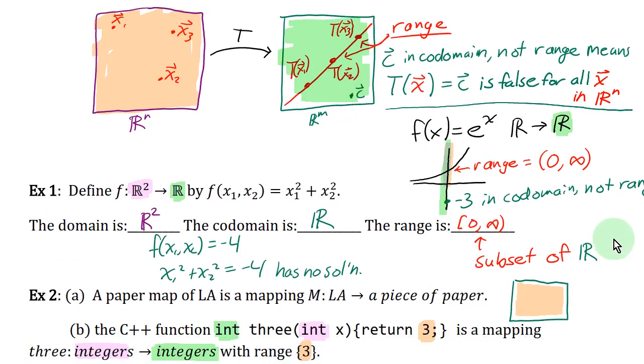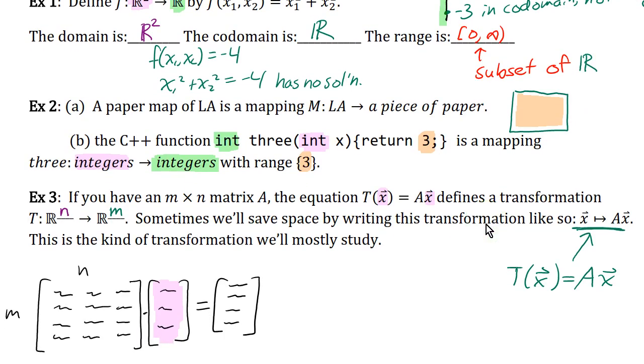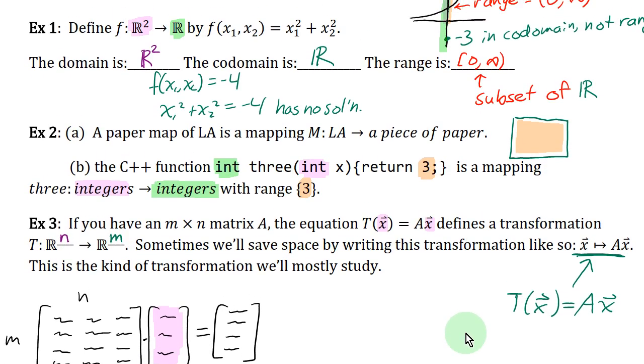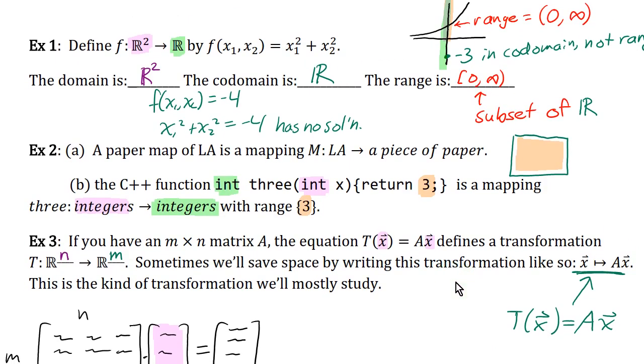So we had some examples here of the difference between the codomain and the range. You can look over those again. With this one, if f of x1, x2 equals x1 squared plus x2 squared, the actual outputs that you get from this are only zero or positive numbers.